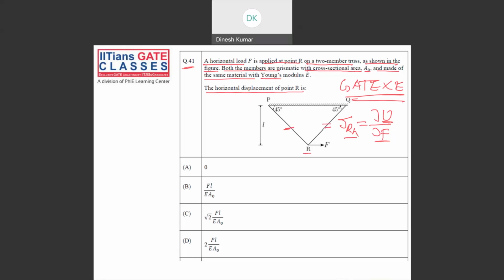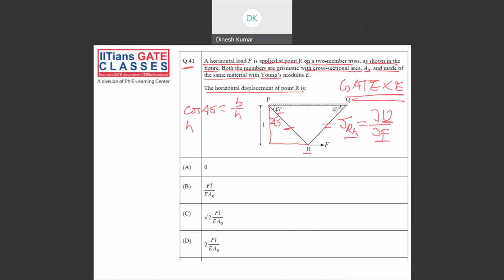To find the length, you can take this triangle, guys. If this is 45, this will be 45 degree. And we know cos 45 degree is equal to base upon hypotenuse.